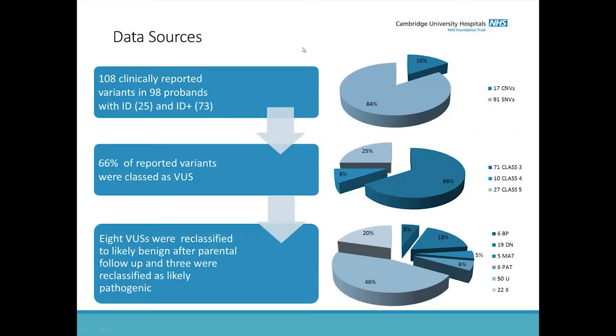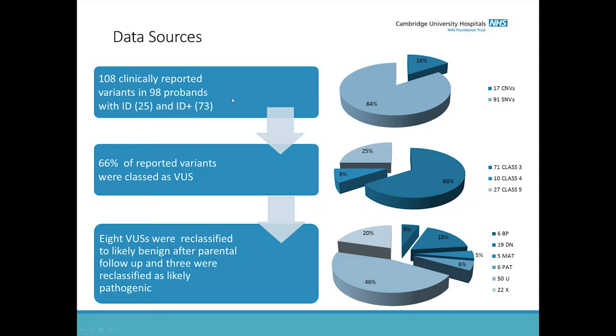So using this standard analytical pipeline, the data included in this service evaluation consists of 108 clinically reported variants in 98 probands. I included 211 singleton referrals, and in those we reported 108 variants.